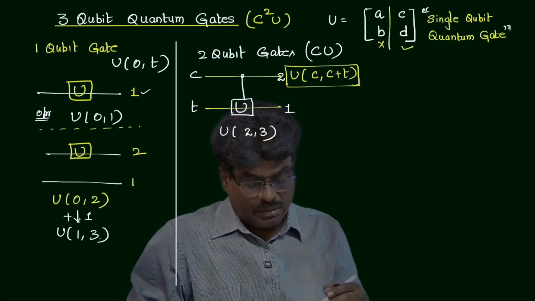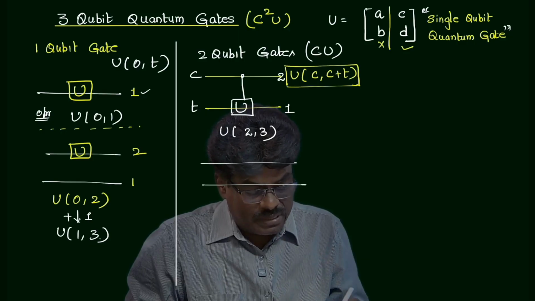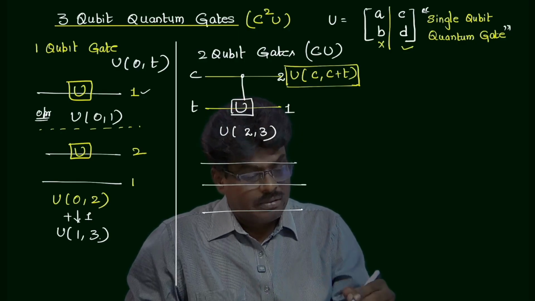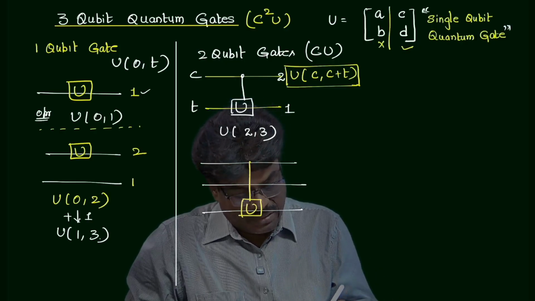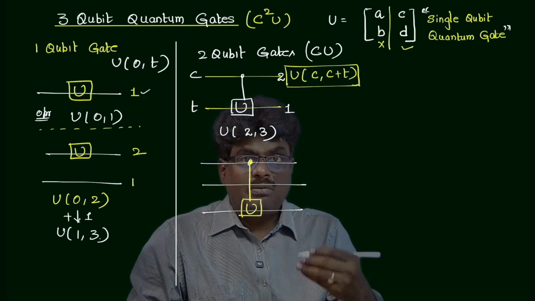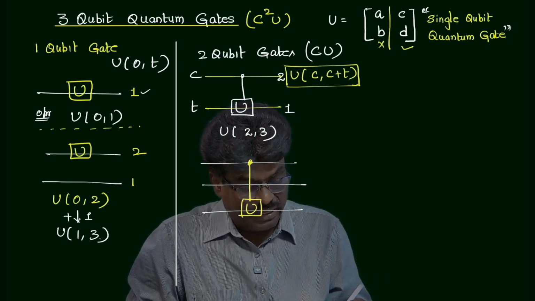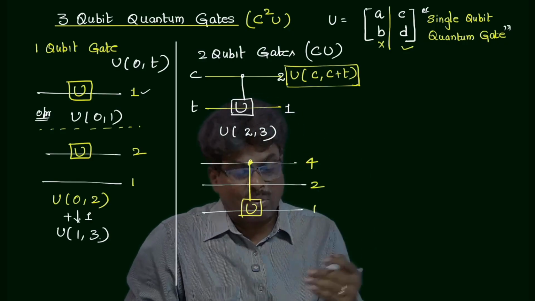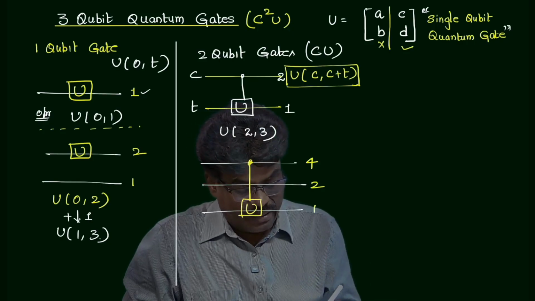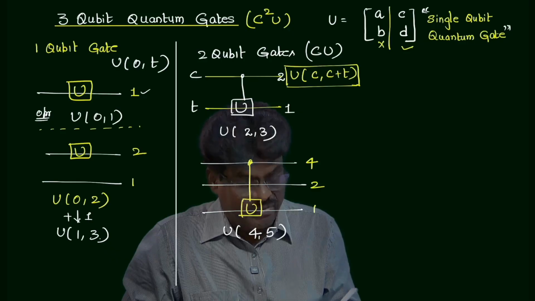Now for example, you have 3 qubit states, but the controlled operation is from the first top one to the bottom one, then give the notation 1 to 4, it is coming from 4 to 1, so this is U of 4 comma 5.